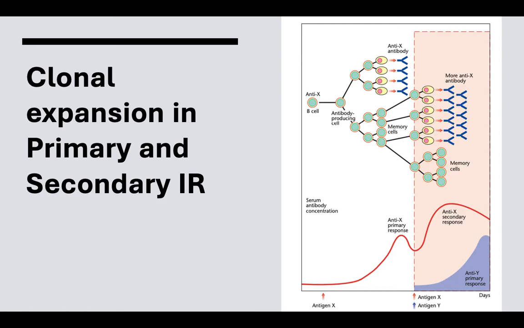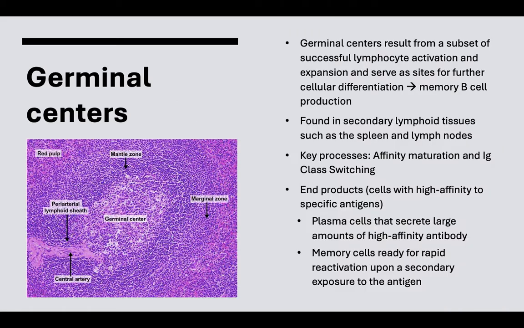So you remember that the primary area, or the descriptive term we associate to lymphocyte maturation, lymphocyte differentiation, is the germinal center. The germinal centers within our lymphoid tissues result from a subset of successful lymphocytes that already activated and clonally reproduce themselves.